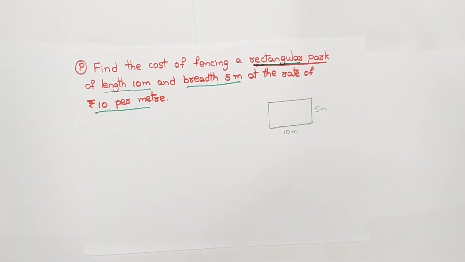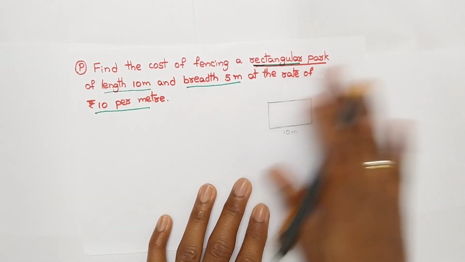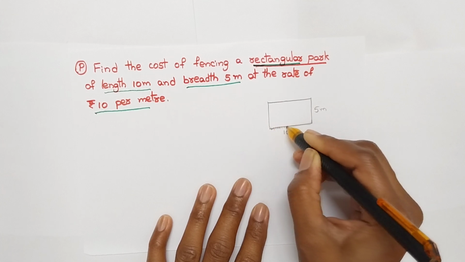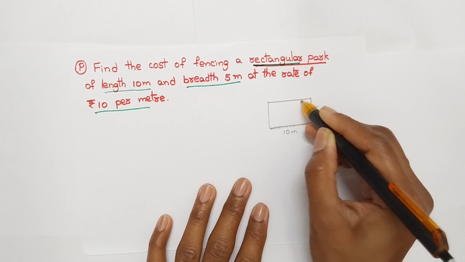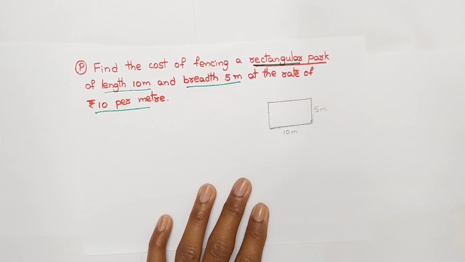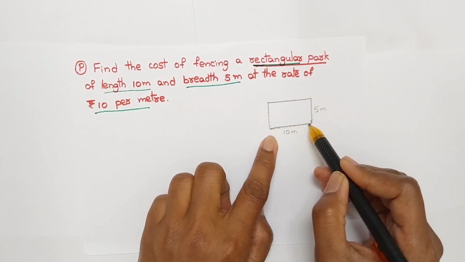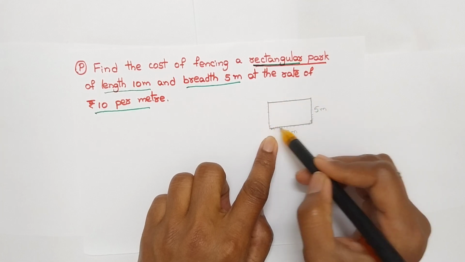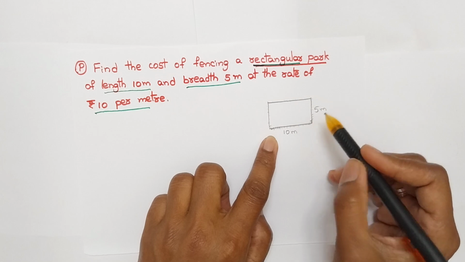Fencing, generally where will the fencing be put? The fencing will be placed at the border, for a building, a park, or anything, the fencing will be at the borders. So the fencing length equals the perimeter of this rectangular park.